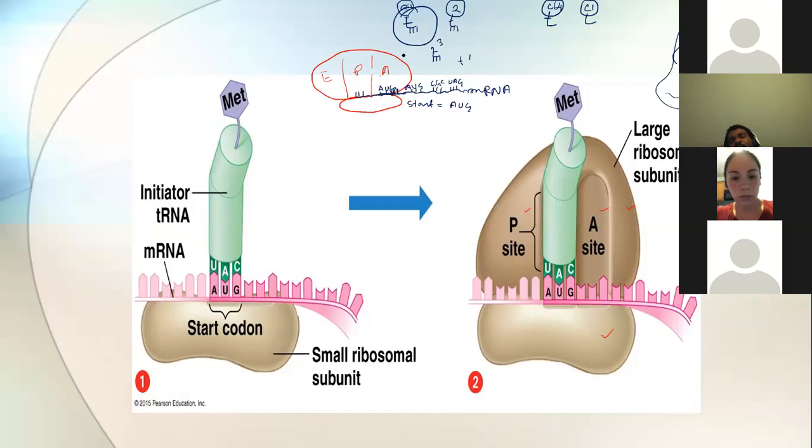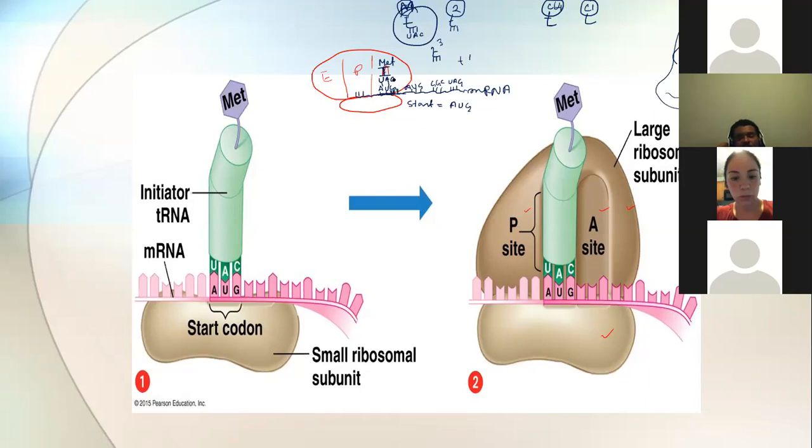So the one with the UAC anticodon, which is carrying the methionine amino acid, is the only one that will come over here and sit. So at the head it has methionine and at the bottom it has the UAC anticodon.